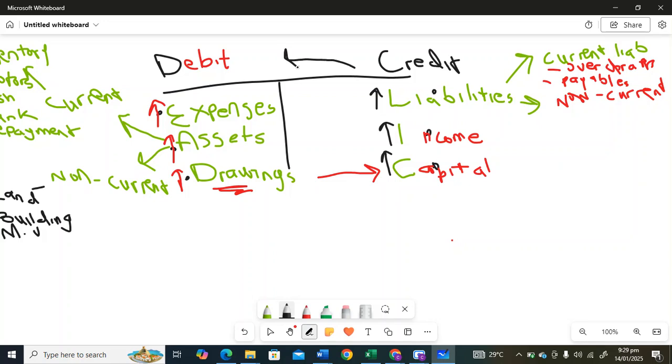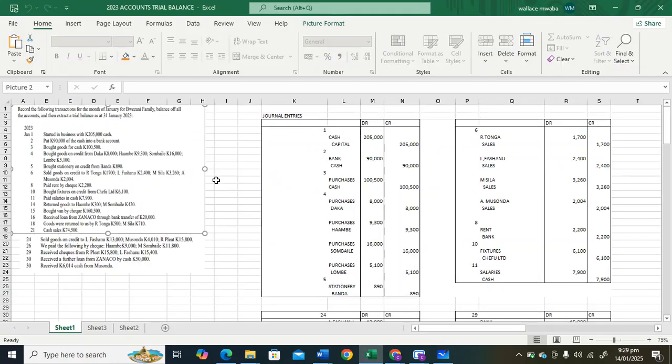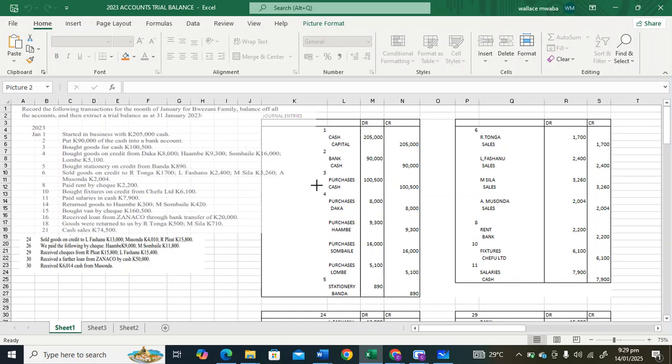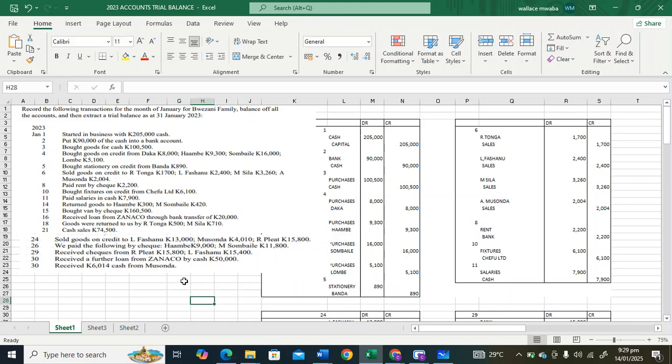So I'm going to illustrate how we're going to use the same diagram here. Okay. I posted this. This is the question I posted on the group. We've been told to form a trial balance. Remember, the trial balance is just a check to see that these transactions which you recorded, you did them correctly.